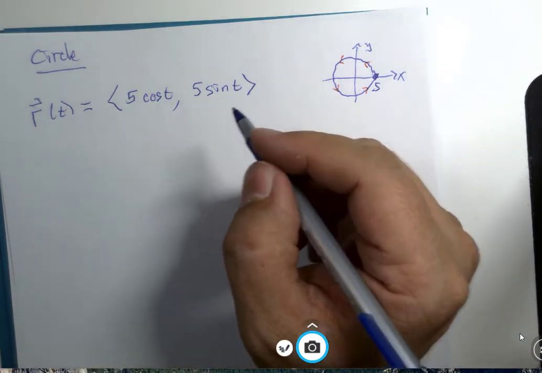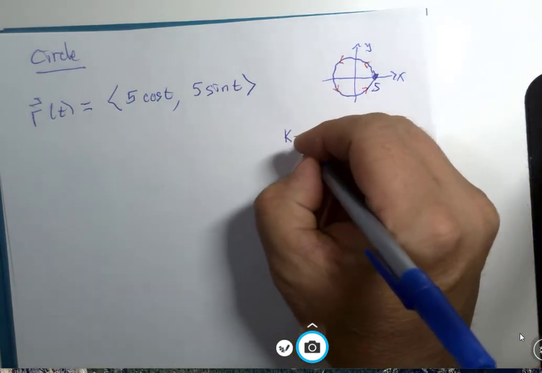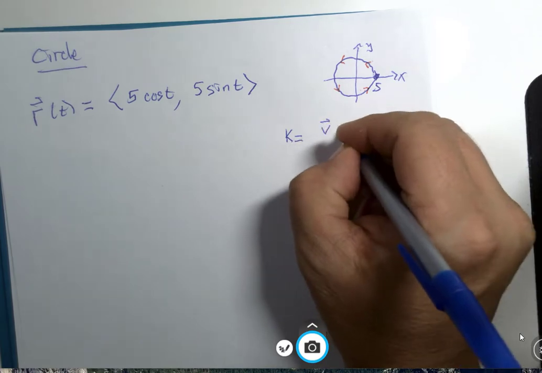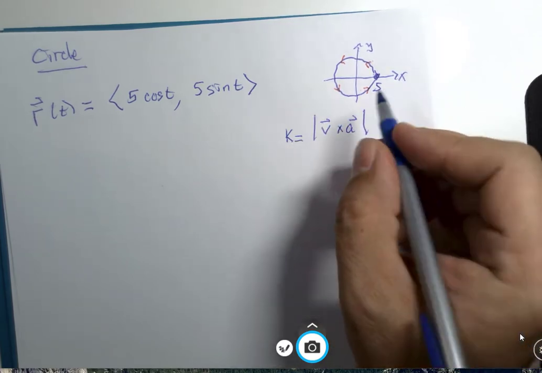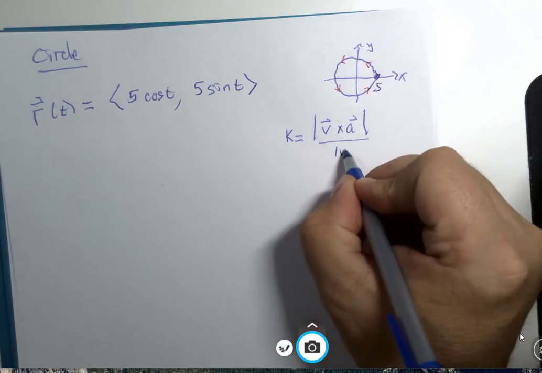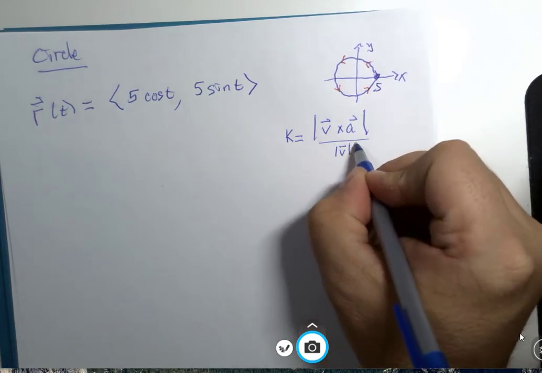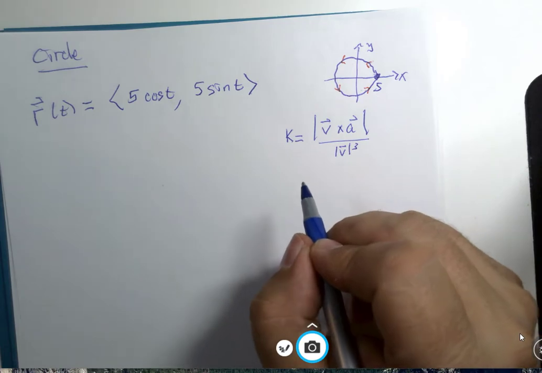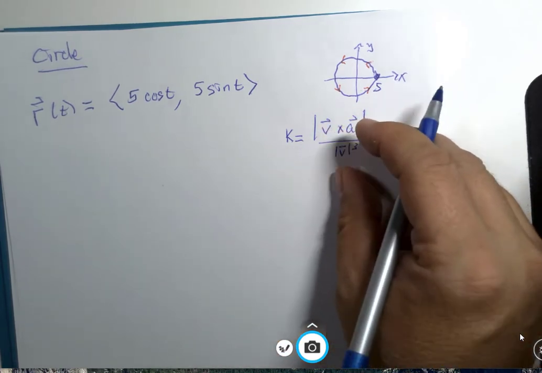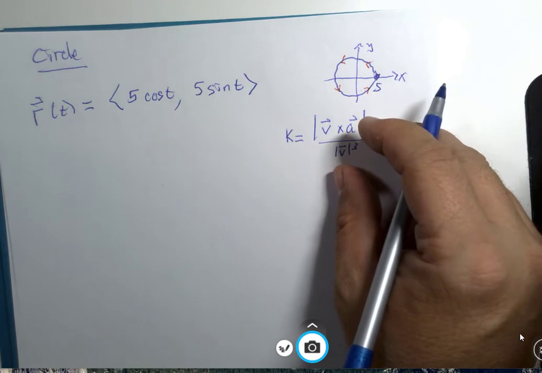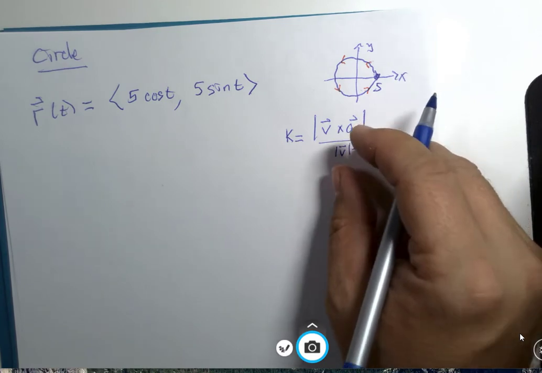So to find the curvature, we need the velocity cross product with acceleration, and that's a vector we find the magnitude of, divided by the magnitude of velocity cubed. So let's just go through and find the components of this, and let's just run this formula through. I'm going to prove to you that the curvature is a constant for the circle.